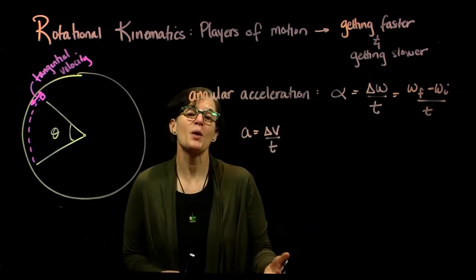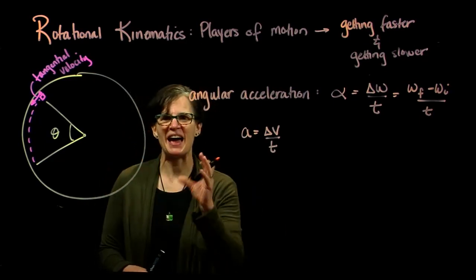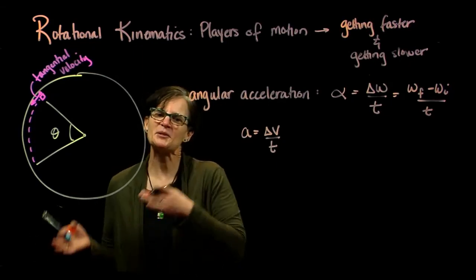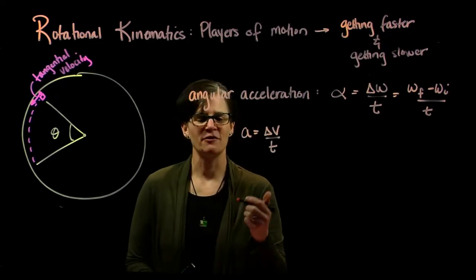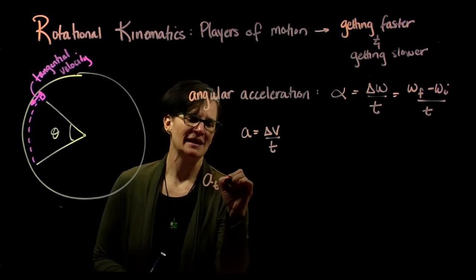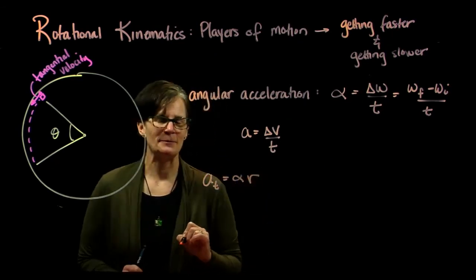Now, I could also talk about the translational acceleration. We've had these parallels in rotation to translation. And similar to what we've observed through looking at how far and how fast, our tangential acceleration can be given as our angular acceleration times the radius.